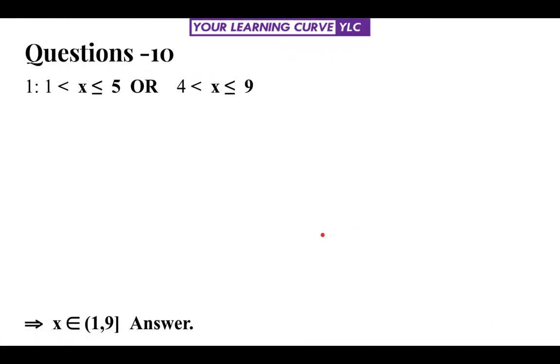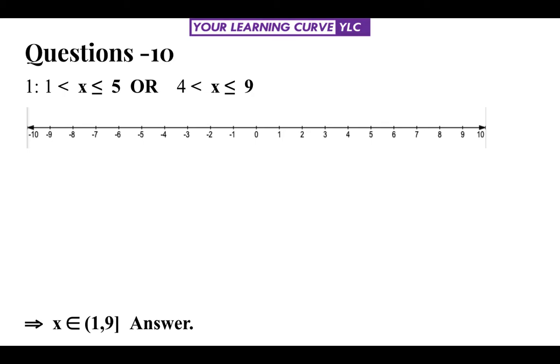Let's discuss one more question. It is given that 1 is less than x is less than or equal to 5, or x is greater than 4 but less than or equal to 9. This means you have to find values of x which either satisfy the first inequality or satisfy the second inequality. Any x satisfying one of these two inequalities or both will be a part of your answer.